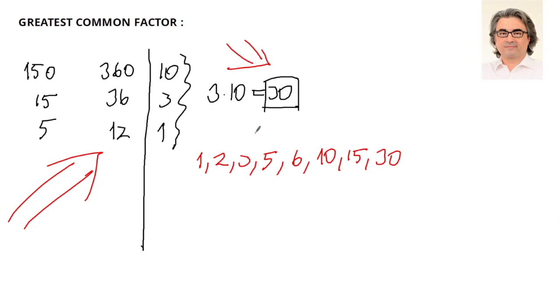Then you will reach all common factors of these two numbers. Okay. Now let's continue with another example. I think we know the way, so we will be faster than before.